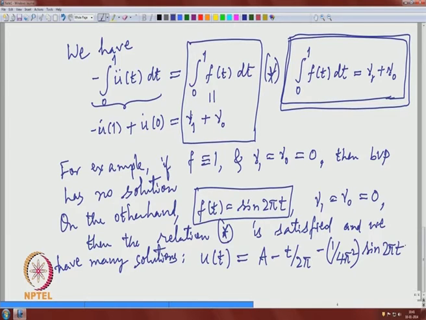Okay. So, you can check that this satisfies the equation, it also satisfies the boundary conditions. So, there is no problem there, and A is an arbitrary constant. Again you see the solution is not unique. In one case there is no solution, and in another case we have infinitely many solutions.